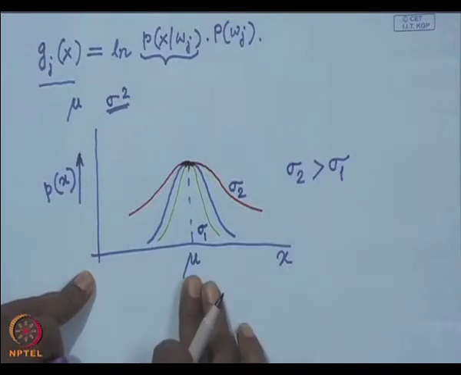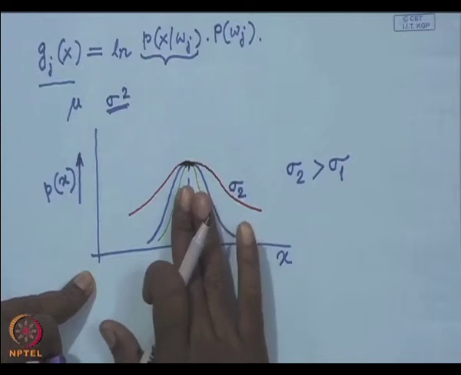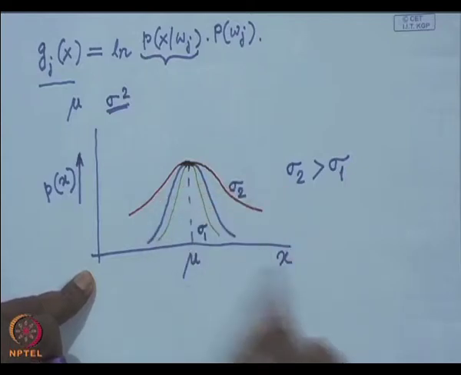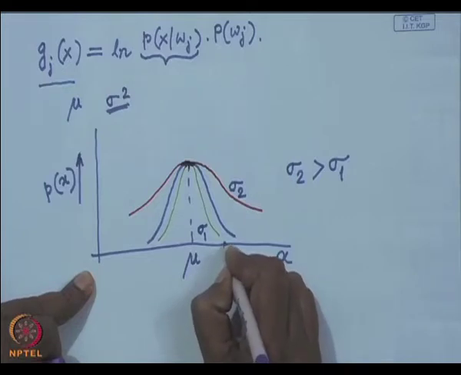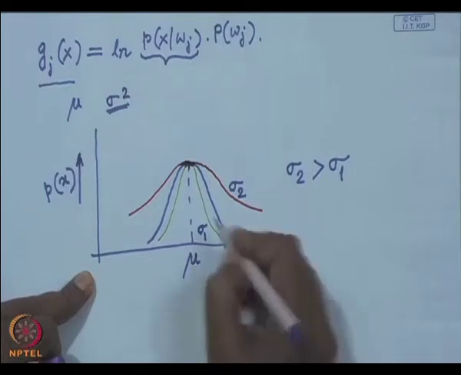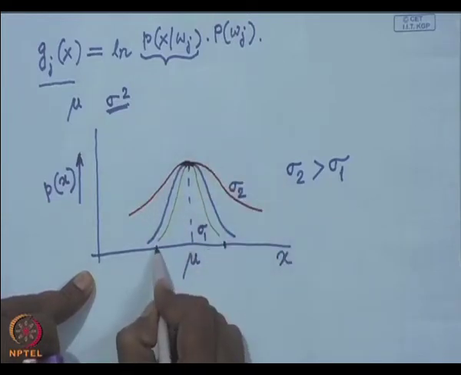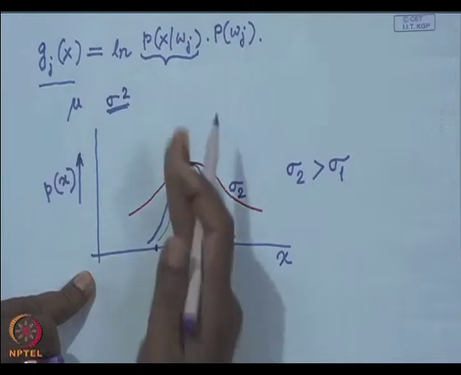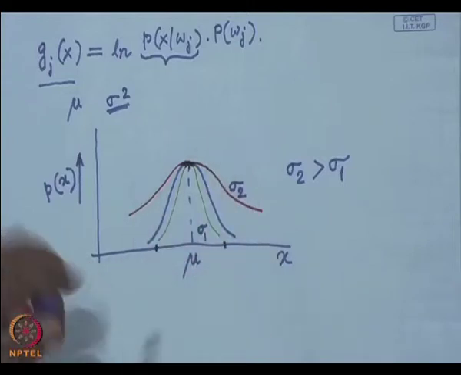And if the mean is changed, then the position of the peak of this probability density function will shift along the x axis. For mu 1 greater than mu, this curve will be shifted to this location. For another mean value less than mu, this curve will be shifted to the left. So, this is what we get for a single variable.